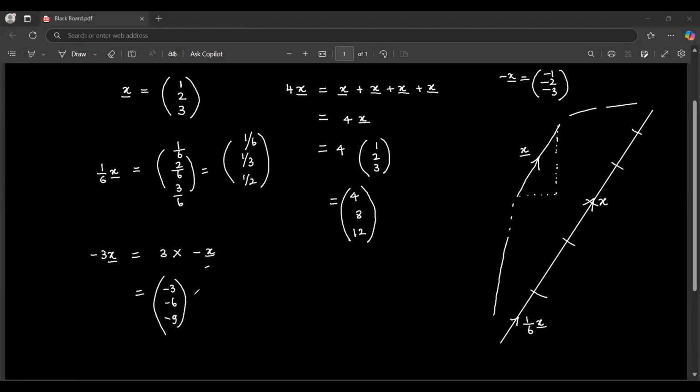That's it. So if you can visualize the addition of vectors properly, that will be useful to understand other operations that you can perform with vectors. So this is the main focus here.